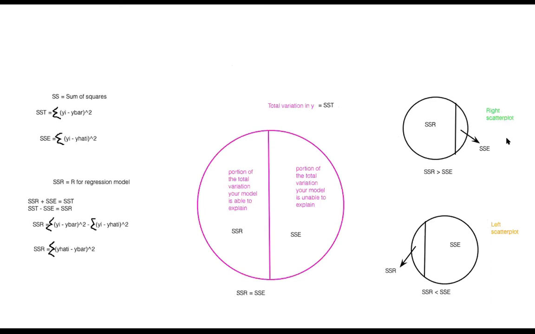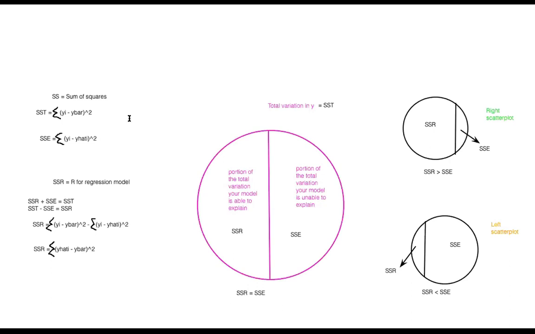Okay, so now what I would like to do is go back to RStudio. Today we don't actually have a lot to do with RStudio. The only thing we have to do is learn the R-squared values.